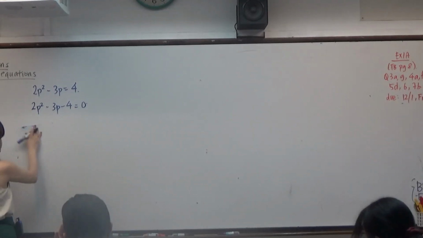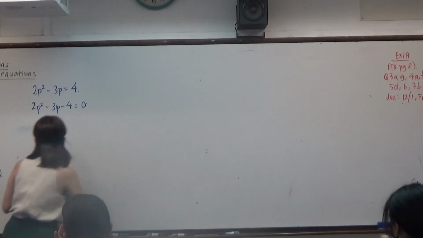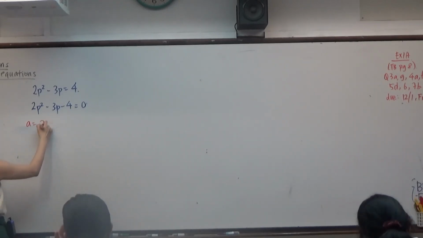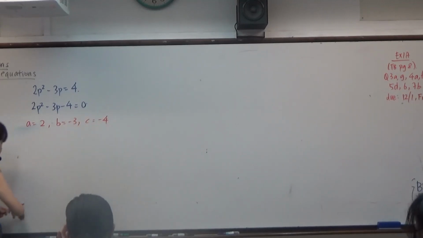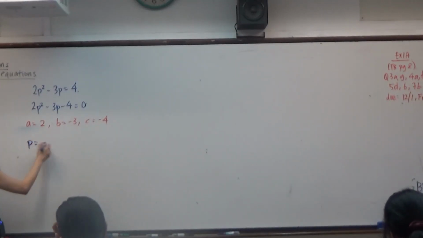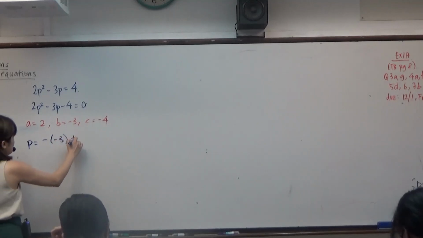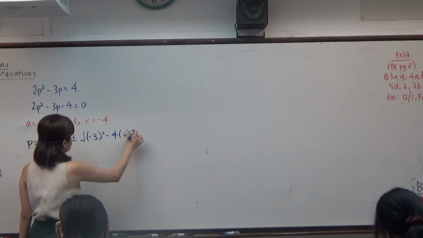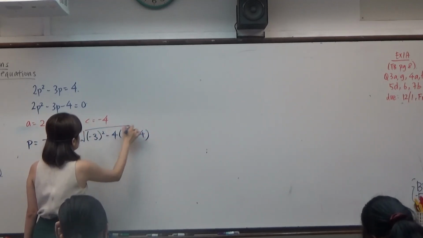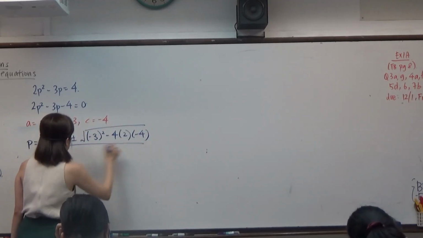So maybe some of you will still identify a, b, and c first. Then p equals negative b plus minus the square root of b squared minus 4ac, divided by 2a.